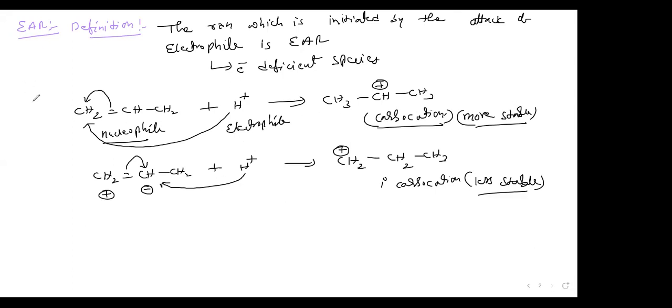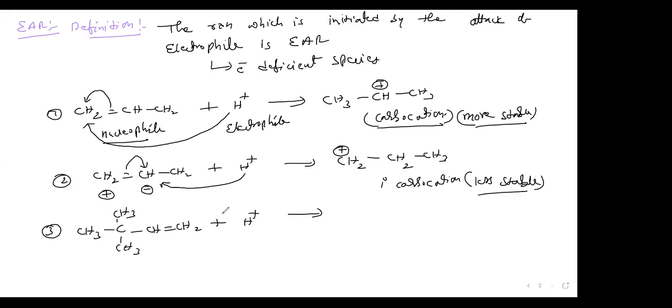Now, let us look at a few more things. The third one: CH3, CH3, CH3, CH double bond CH2 plus H plus. Try to form the most stable carbocation.